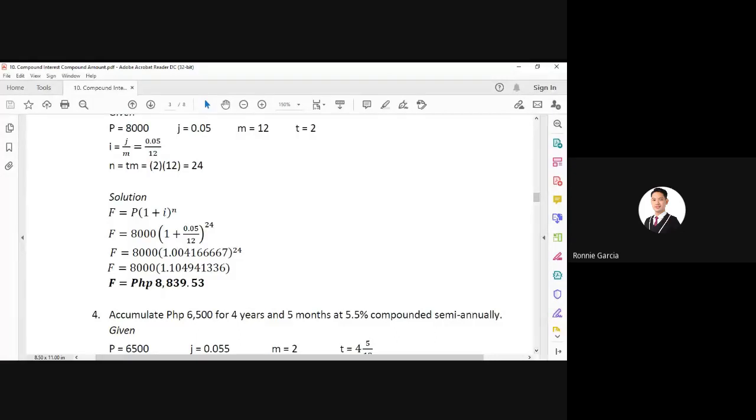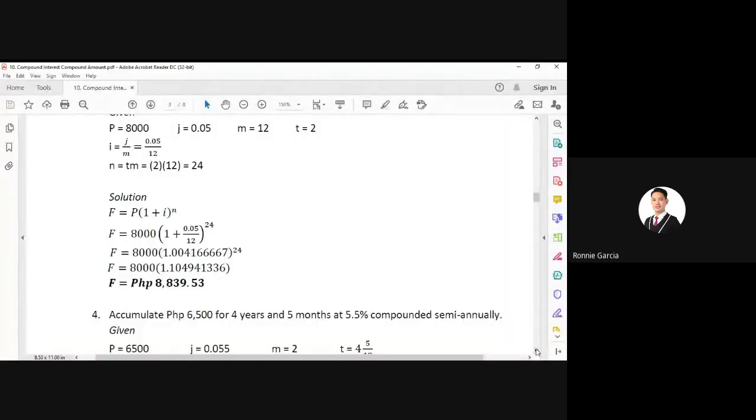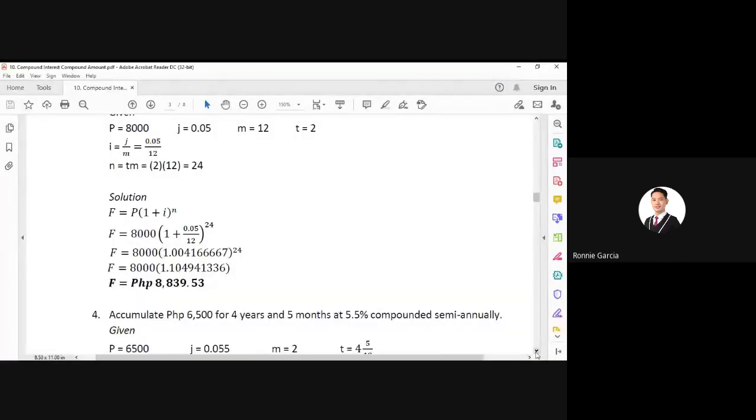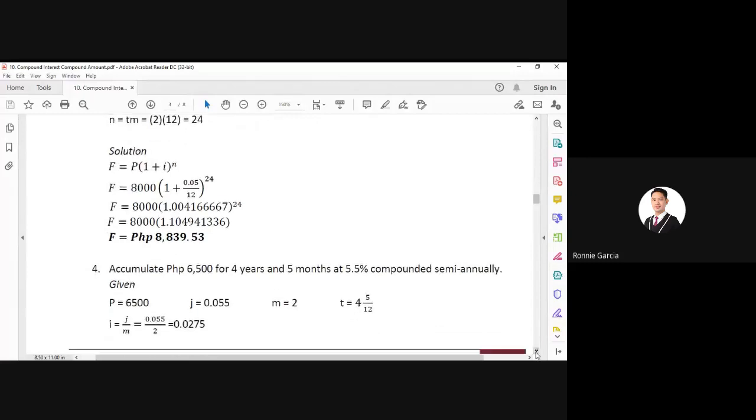So I think wala na maghatag og answer, no? So we are rooting for the answer of Miss Tesoro kay para na ay maka-earn og points. So we all know that from this problem, 6,500 is the principal. 4 years and 5 months. Pwede nimo siya i-fraction, i-mix number, 4 and 5 over 12.